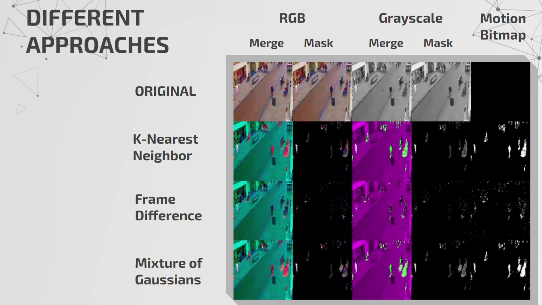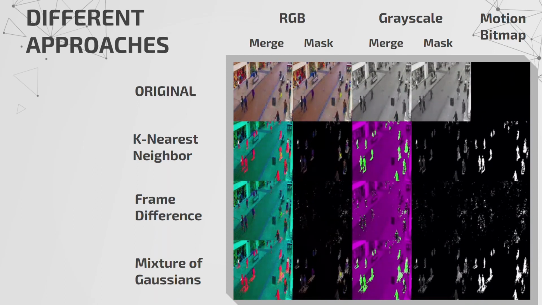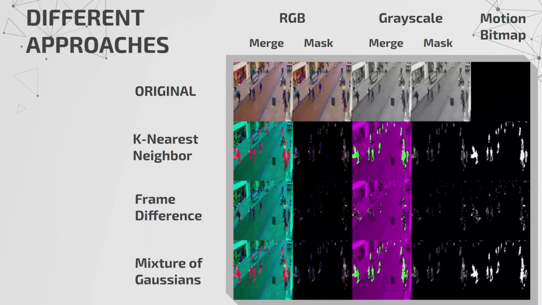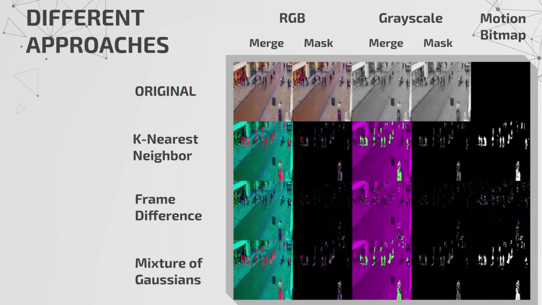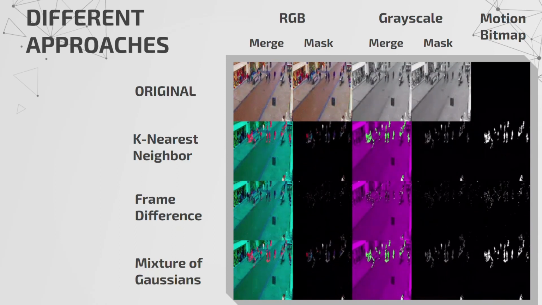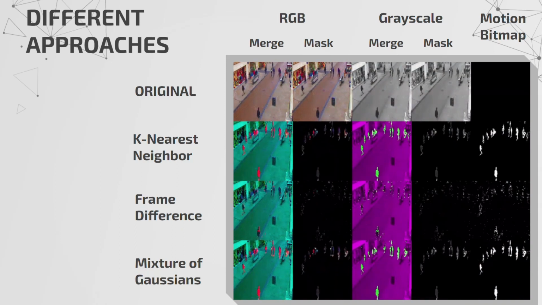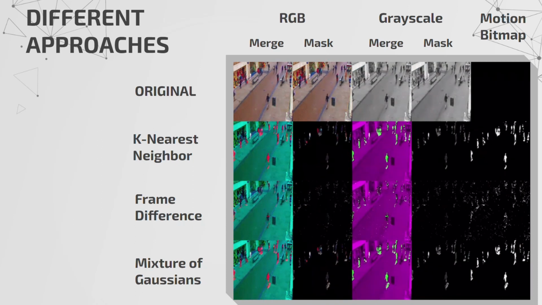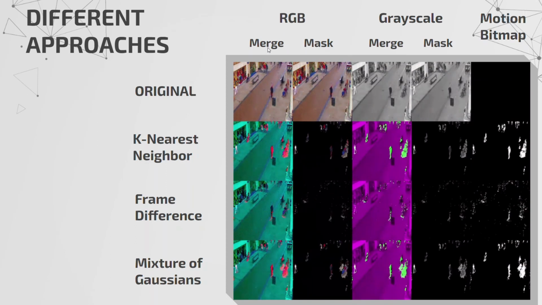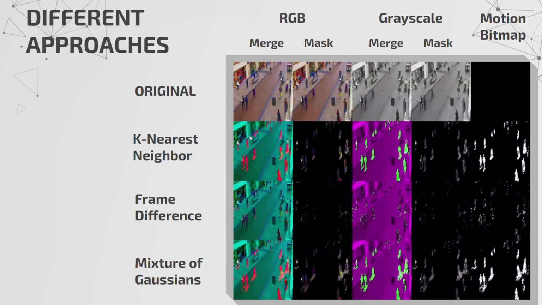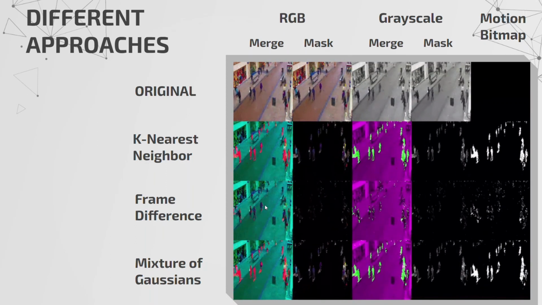Whatever the algorithm is that we are using in order to generate a motion bitmap, we then have different ways in order to provide this data to the network. In this study, we considered two different ways of merging the motion data together with the original image. We have what we identify as merging, so adding the motion bitmap data as an additional channel on top of the original image.